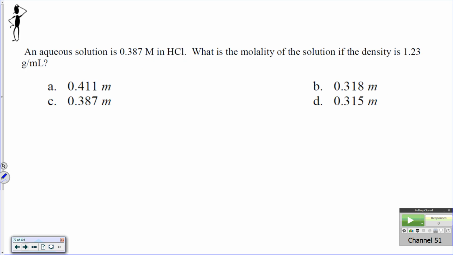All right. So here's one for you. You've got a solution that's got an initial concentration in molarity, and I want to know what the molality is if I give you the density.